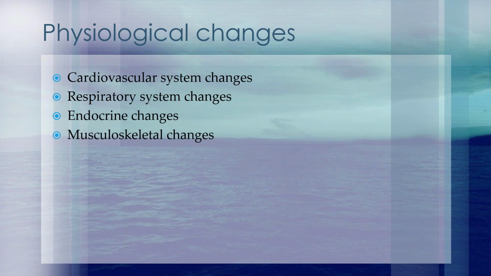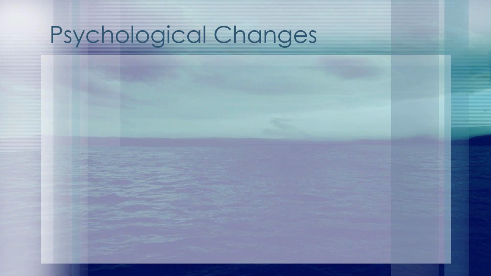Musculoskeletal changes: muscle mass depletes, bone density and strength decrease as well, so they are more prone to injuries from that musculoskeletal system not being able to actually protect themselves.